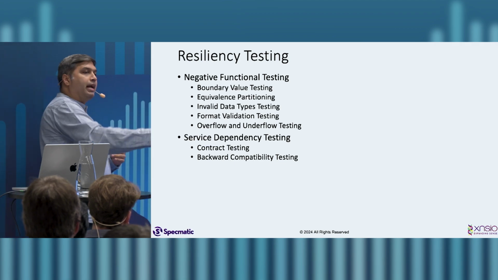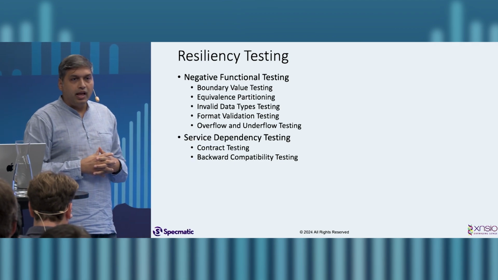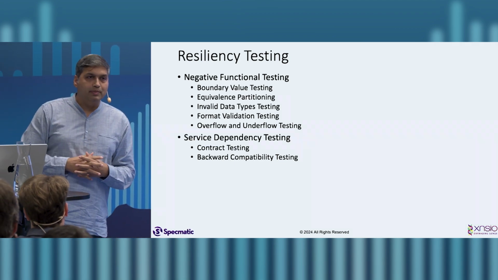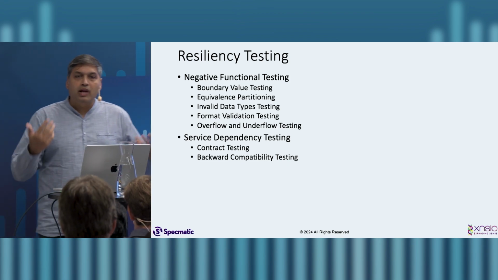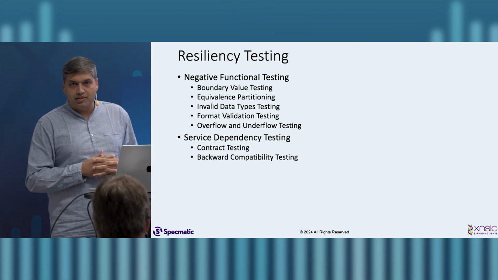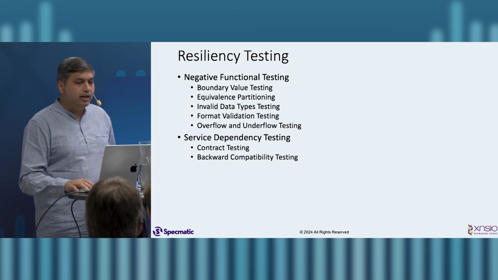The service may be dependent on some other service, right? And if that dependent service is not responding as you expect, what happens, right? It's important to think about that from a design consideration of your API and build that out.